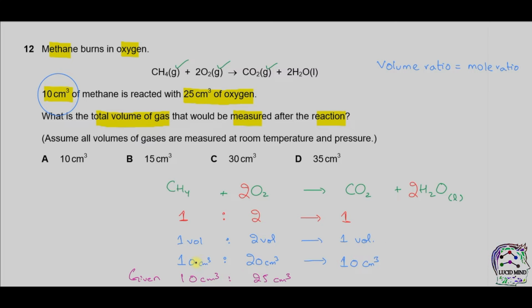So no more CH4 is present after the chemical reaction. And 20 centimeter cube of oxygen will react with 10 centimeter cube of CH4. So as we have 25 centimeter cube, 25 minus 20, so 5 centimeter cube of oxygen is left behind.